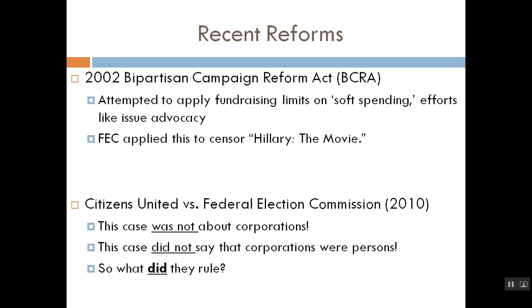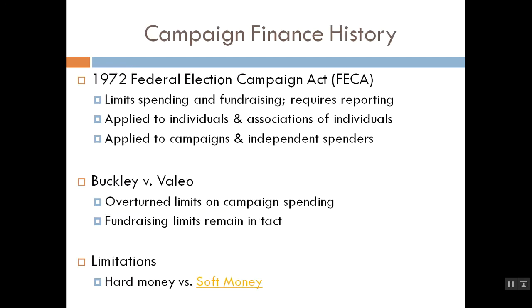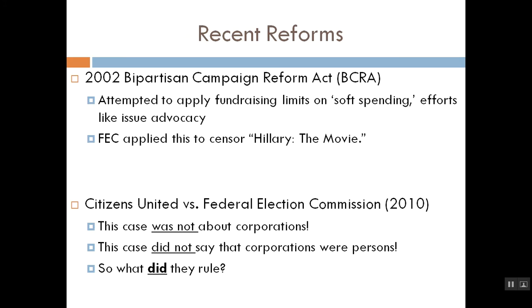The BCRA applies those limits on independent expenditures created by the FECA to soft money, so that now there are caps not only on the amount of money that an individual can contribute directly to a campaign or independently spend to explicitly endorse a candidate, but also to how much money they can spend sharing political opinions on issues like abortion or gun control or gay rights during an election cycle.